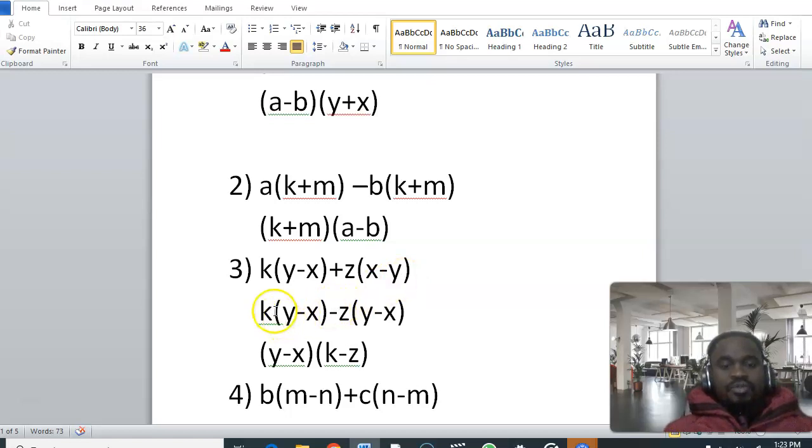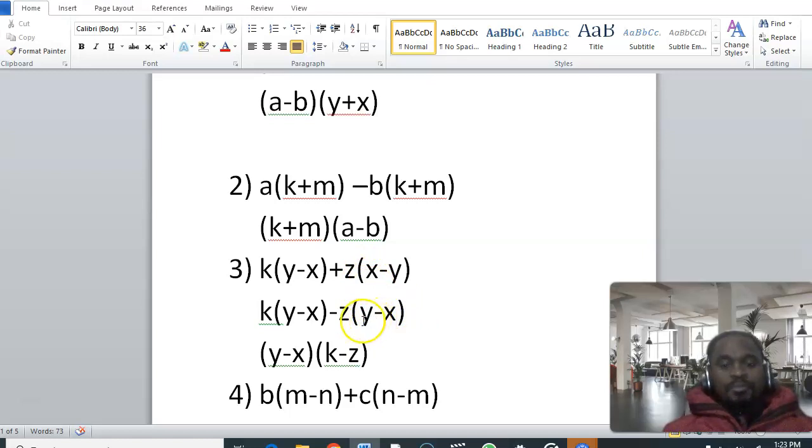So here we are going to have, you write this again, that is k into brackets y minus x. Change this plus to what? Minus. So if I change this plus to minus z, this minus y is going to be plus y, and this plus x is going to be minus x.